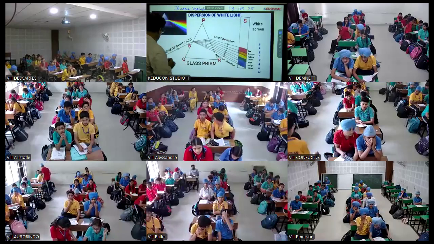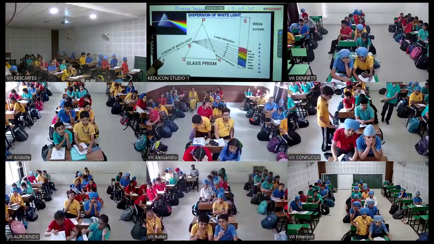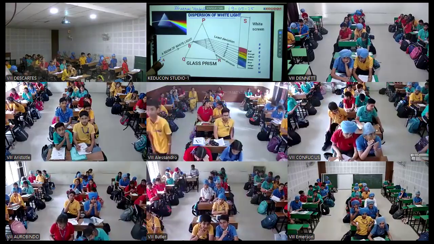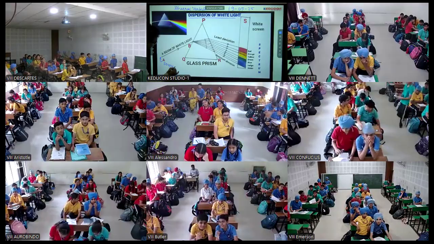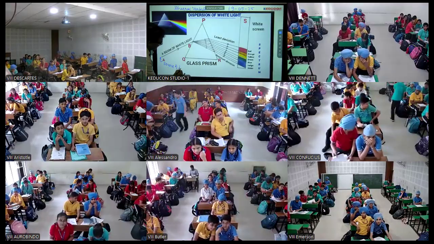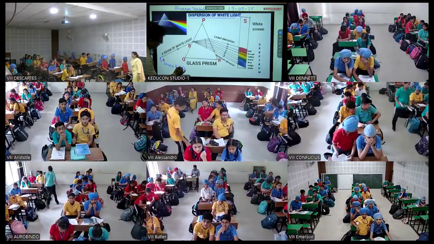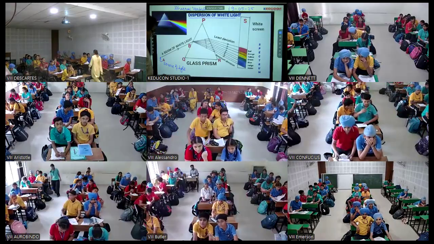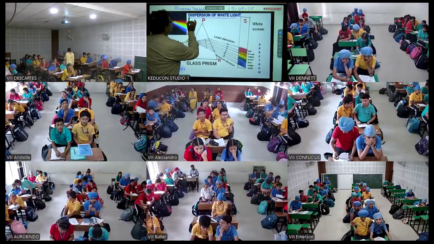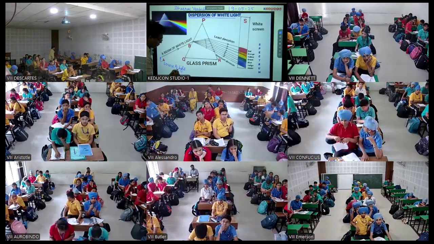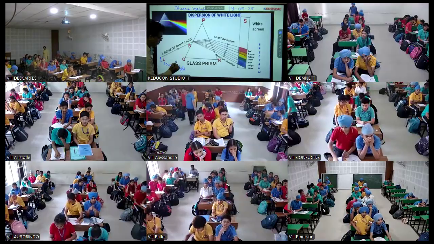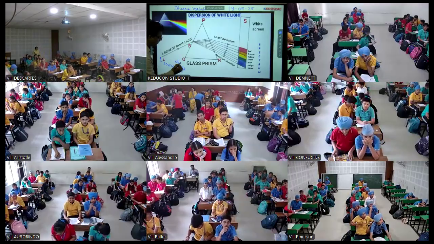Listen, beta. Look, here the A point is shown as source of light. And the important thing is, when we have to study the phenomenon of dispersion, the condition is the source of light should be the source of white light.